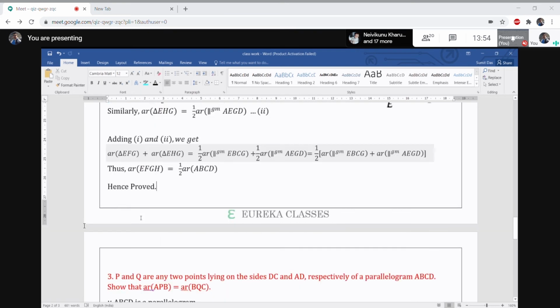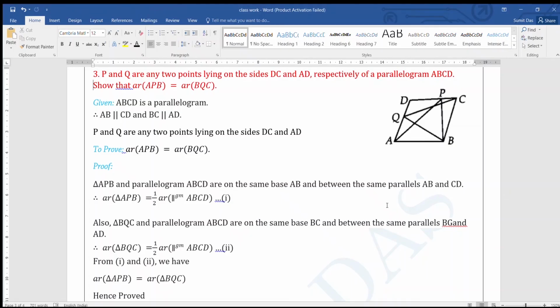Okay, question number 3, saying P and Q are 2 points lying on the side DC and AD. You can see P and Q, 2 points: P lying on the DC line and Q lying on the AD line of the ABCD parallelogram. We have to prove area of APB equal to area of BQC. Okay, that's what we have to prove. So in the given part it is saying ABCD is the parallelogram.